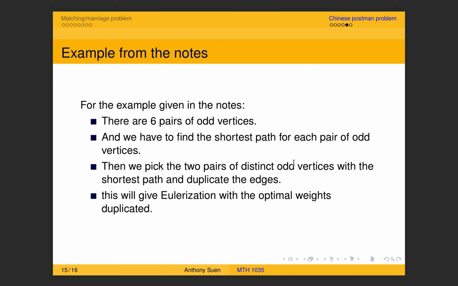That makes the problem even more difficult, because if you're a little bit careless, you just simply pick the two paths with the shortest distance and then duplicate them, without checking whether there's any common vertex. If that is the case, then you will get it wrong. So you have to add one more step, checking whether those pairs have a common vertex or not. Otherwise you might have trouble.